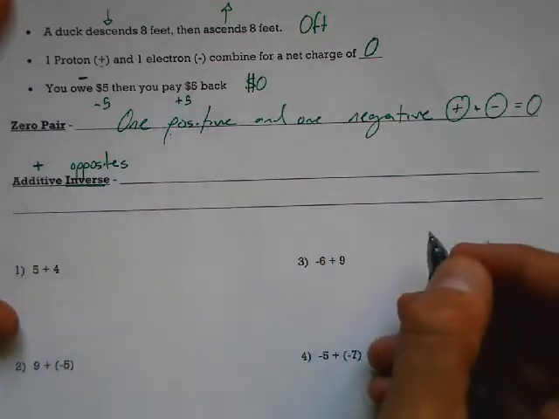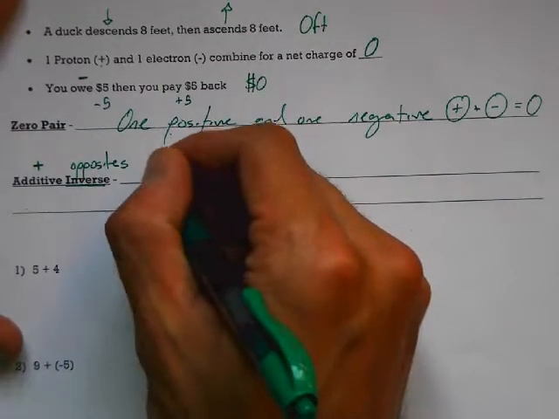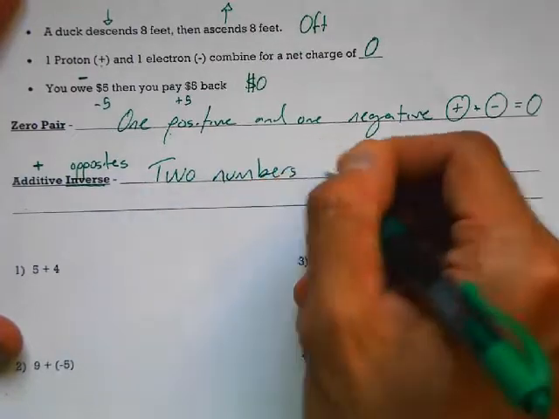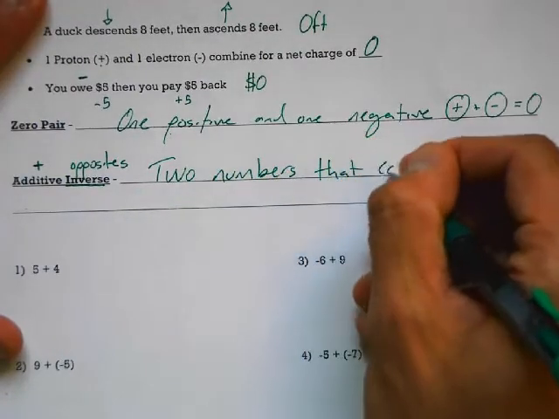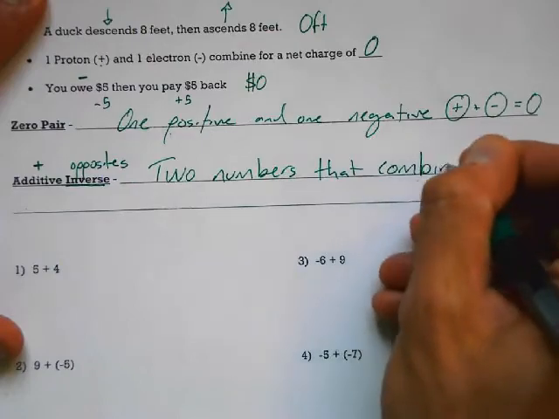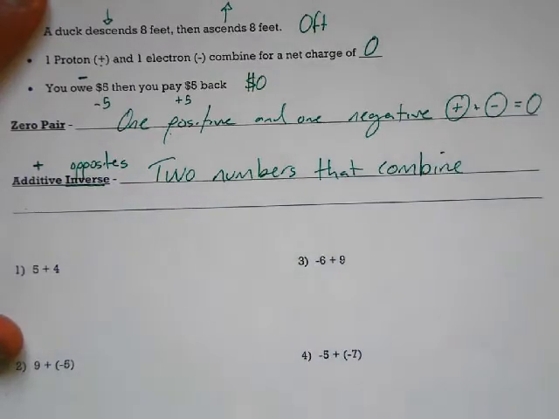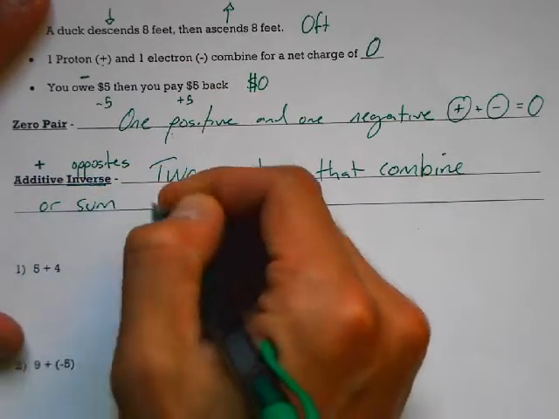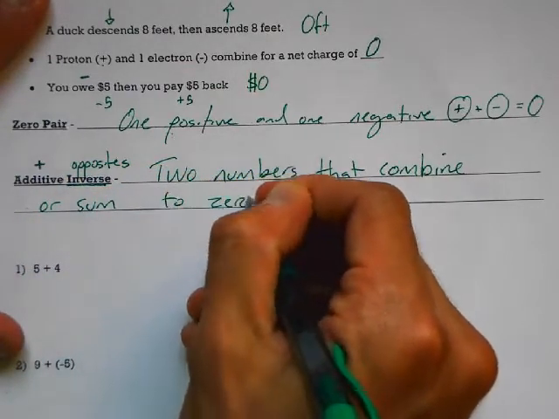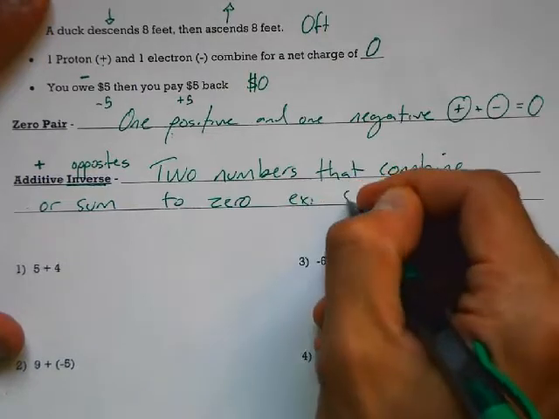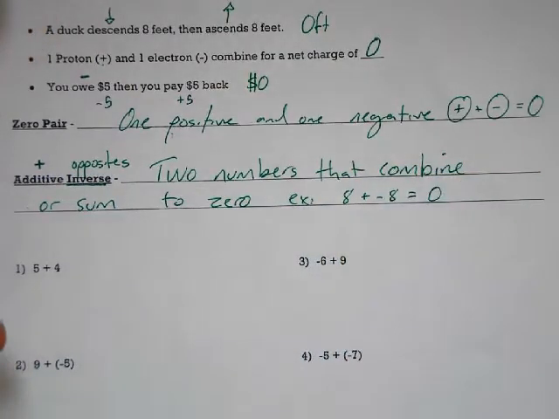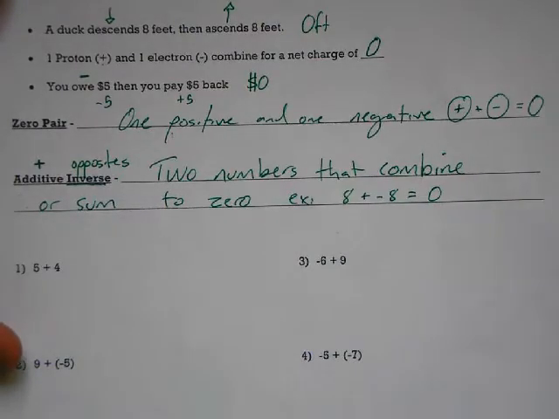So we can define additive inverses as two numbers that combine, and because we're fancy, let's use the correct mathematical vocabulary, that sum to 0. For example, 8 and negative 8: add them together, we get 0. They are additive inverses.